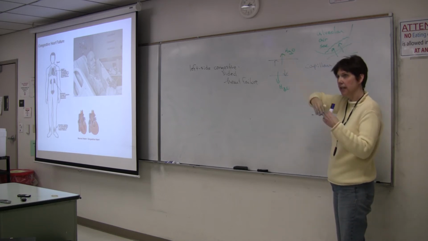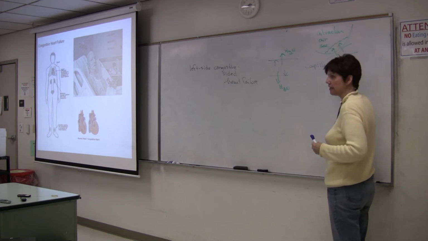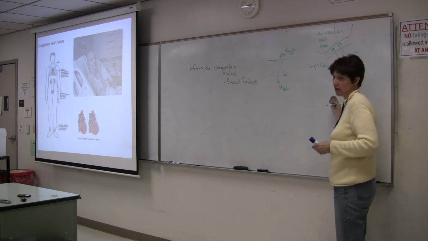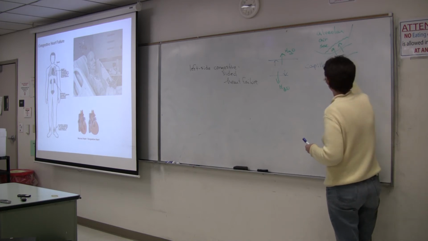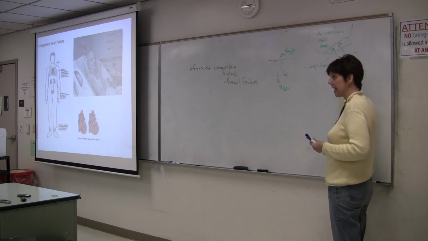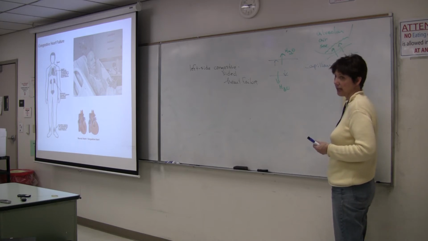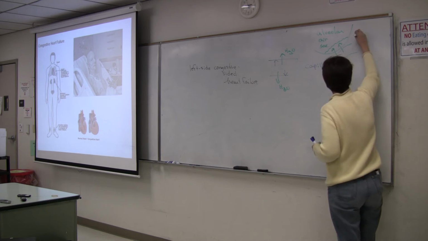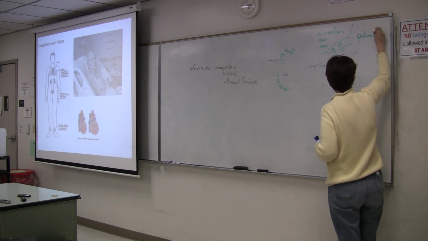It increases the diffusion distance that oxygen has to travel to get into the capillary, so we don't get as much oxygen. It increases the distance that carbon dioxide has to travel to get out, so we retain more carbon dioxide in the blood. Okay? So pulmonary edema.